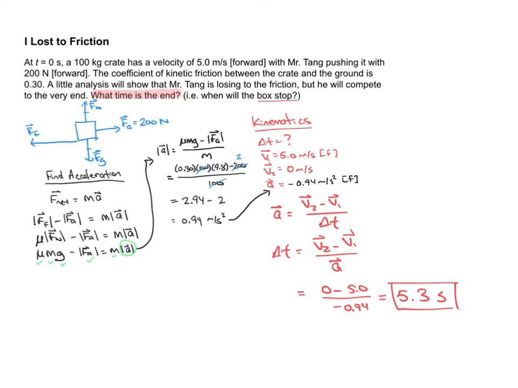So what time is the end? 5.3 seconds. Okay, because it said that it started at t equals 0. So that's kind of important, and it can be a little tricky, maybe for some of the problem set questions that they might not actually start at t equals 0. So for example, if I said that it started at t equals 10, and we just calculated that delta t equals 5.3, then the ending time would actually be 15.3.